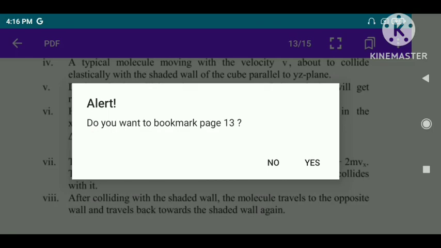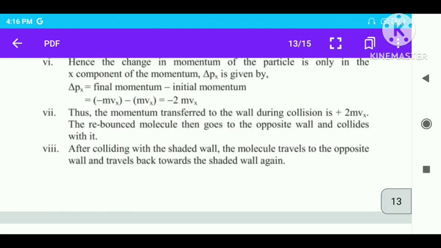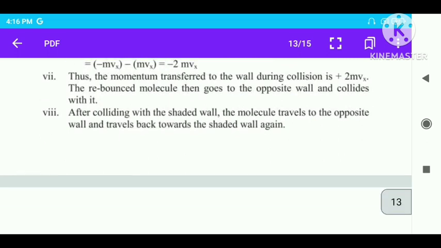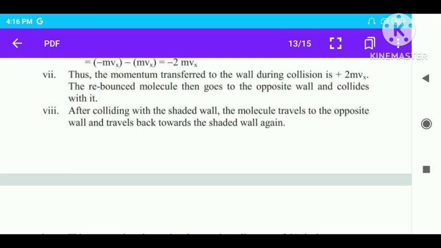Seventh, thus the momentum transferred to the wall during the collision is plus 2mvx. The rebounded molecule then goes to the opposite wall and collides with it. Eighth, after colliding with the shaded wall, the molecule travels to the opposite wall and travels back toward the shaded wall again.